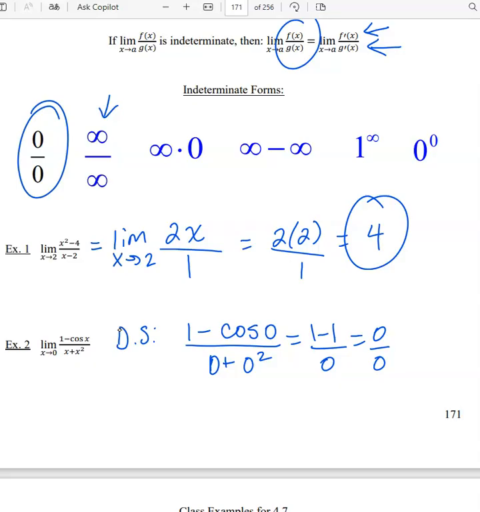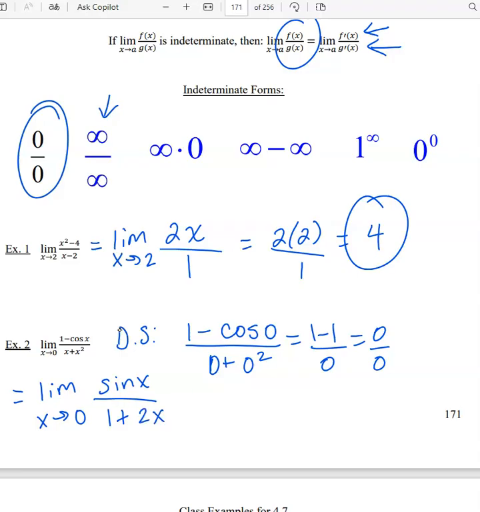So I'm going to go ahead and apply L'Hopital's rule. So this is equivalent to the limit as x approaches 0 of the derivative of 1 minus cosine x. The derivative of 1, of course, is 0. The derivative of cosine is negative sine, but there's already a negative in front of it, so that would be sine x, over the derivative of x plus x squared, which would be 1 plus 2x.